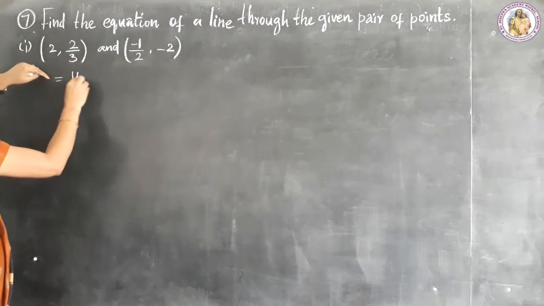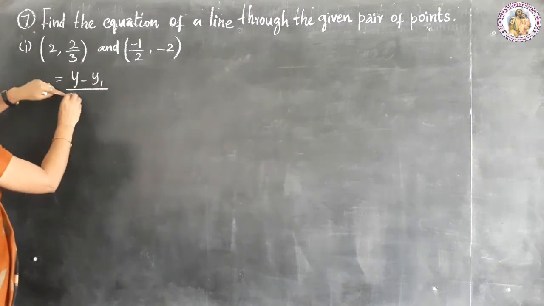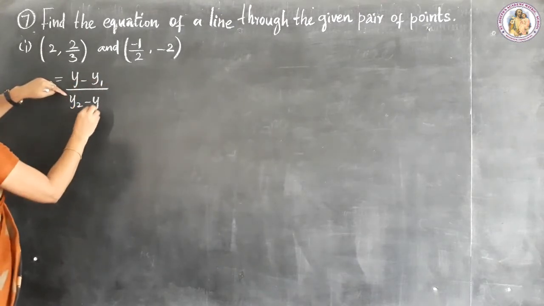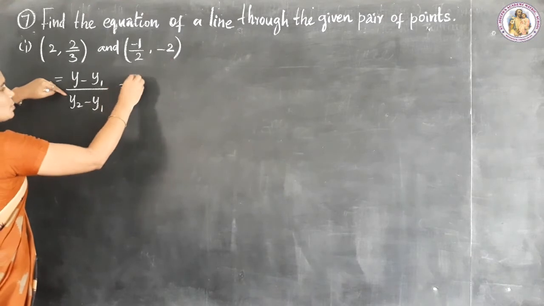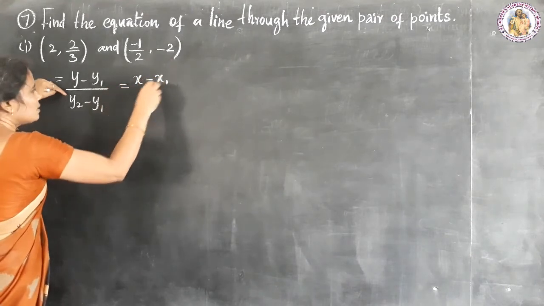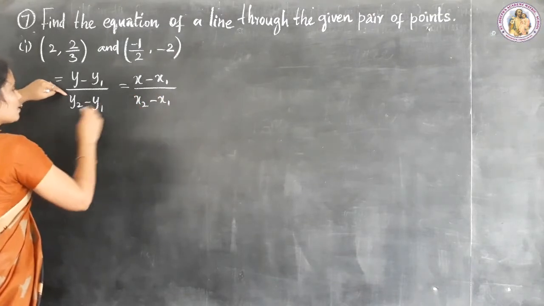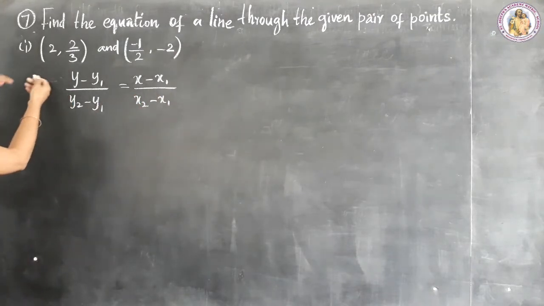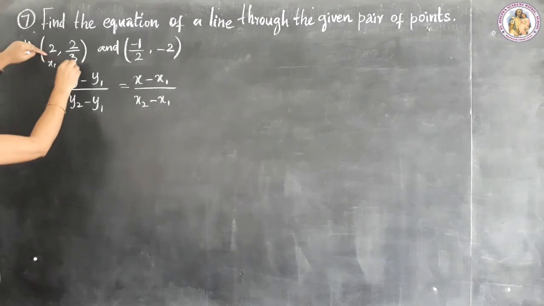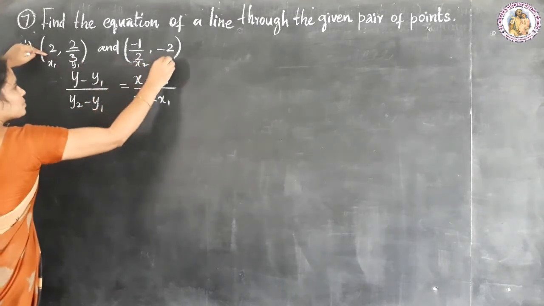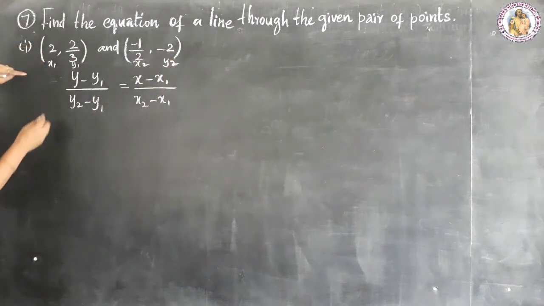The formula is y minus y1 divided by y2 minus y1 is equal to x minus x1 divided by x2 minus x1. Now here we can consider the points as x1, y1 and x2, y2. Now substitute the values.